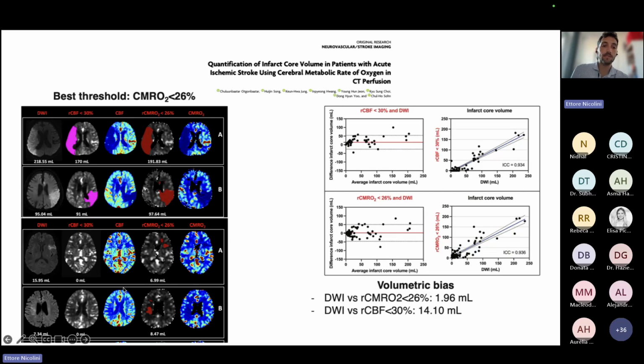You see that in some cases there were also lesions that were not detected by the relative cerebral blood flow threshold, but were actually detected by the CMRO₂ definition of core.